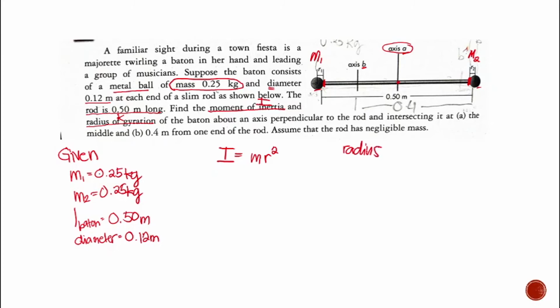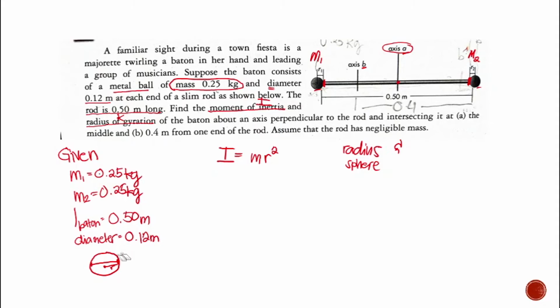Actually hindi siya located right here, but we will be needing the radius of the sphere. Now as we all know, diameter, so say for example ito yung circle, diameter is from one end to the other end, pero yung hinahanap natin dito guys is yung radius, which is simply half of the diameter. Yan. So ganito yung illustration.